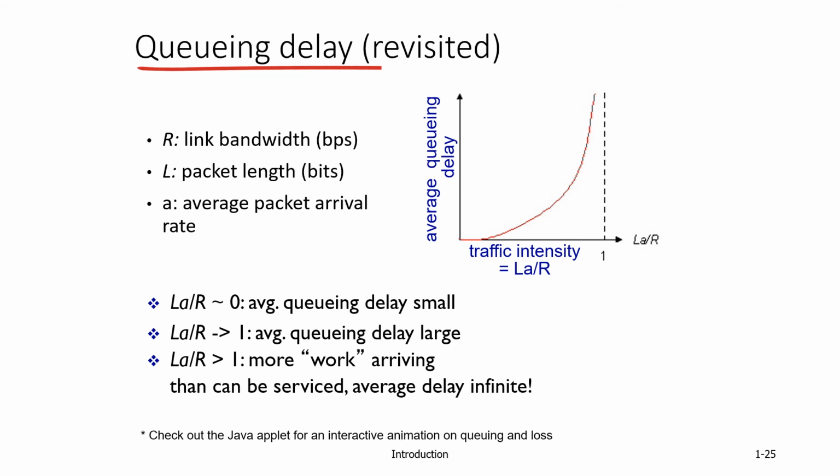Now, can LA divided by R exceed 1? In an ideal scenario, it can approach 1, but it generally will not exceed 1. Why? Because with excessive queuing delay, the buffer inside the router is filling up. After a certain time, instead of queuing further packets, incoming packets will start getting dropped due to buffer overflow.